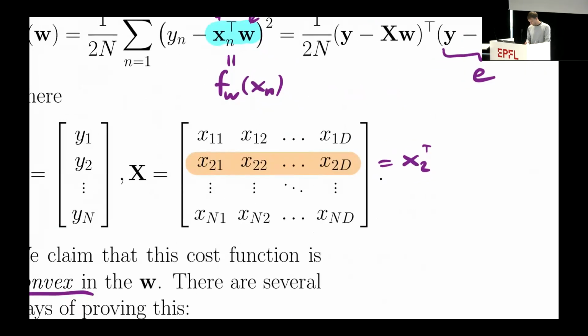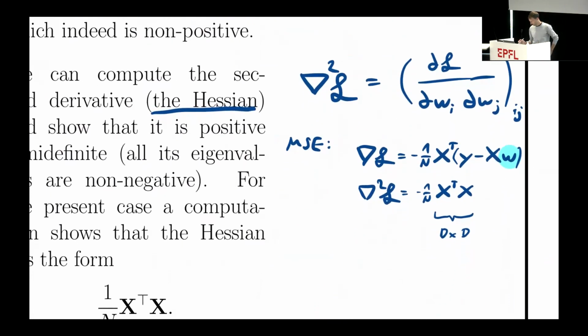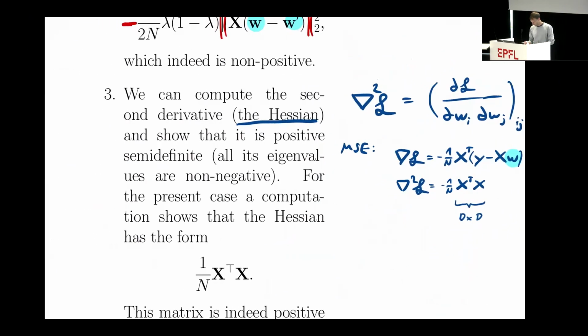Here is X, right? But what we do is X transpose times X, right? So the X transpose has D rows, and X has D columns. Therefore, this whole thing is a D by D matrix, and that's the Hessian, and that's what is written here.